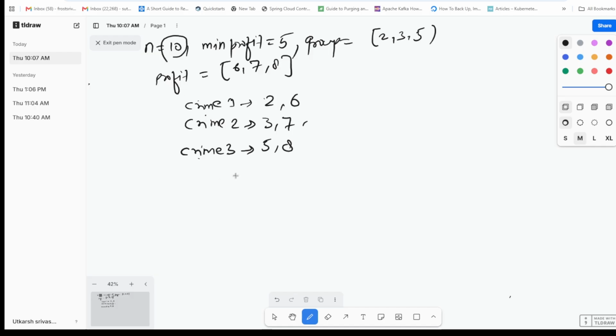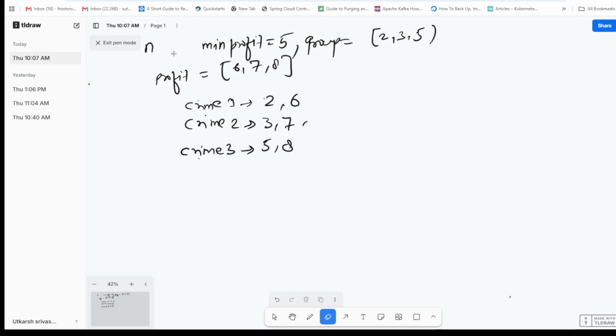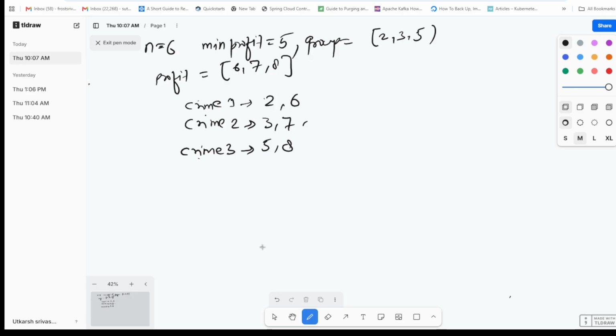For example, let's suppose that here instead of 10, something like 6 is given. So if we choose crime 1 and crime 2 to be performed, then we can easily perform it, right?